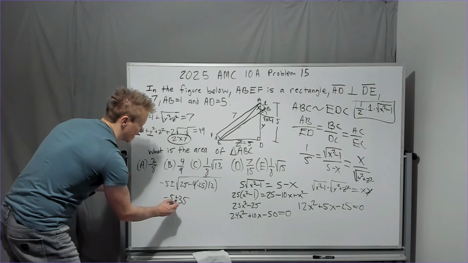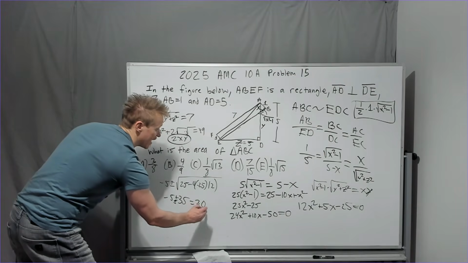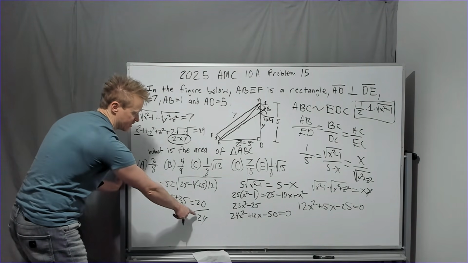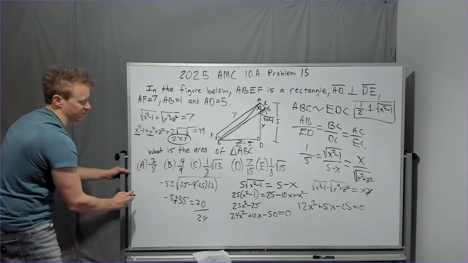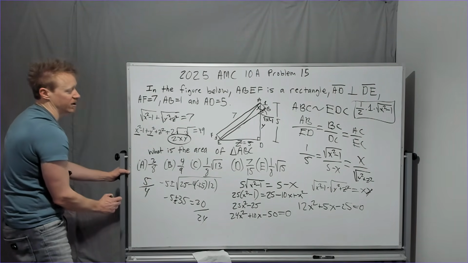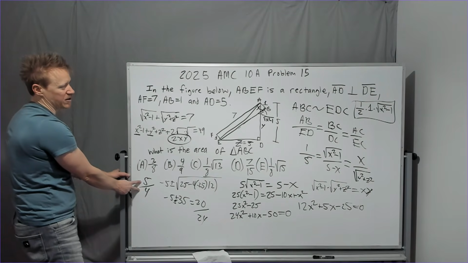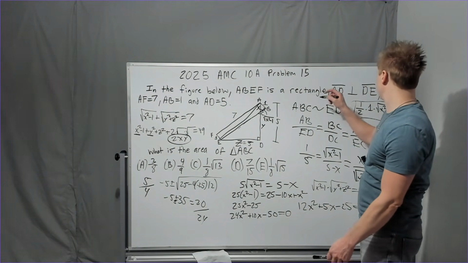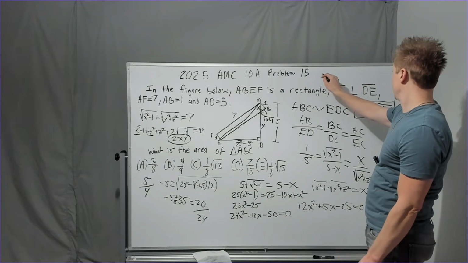It's obviously plus, so you're going to get 30 for that part, and then you're over a, which is 24. So you have 30 over 24. You divide by 6, you get 5 over 4. That is your x value. We're going to go plug that in over here. Actually, I think I did do it this way on my own. I'm going to do it up here because I don't have space.